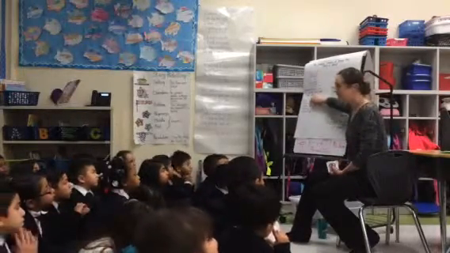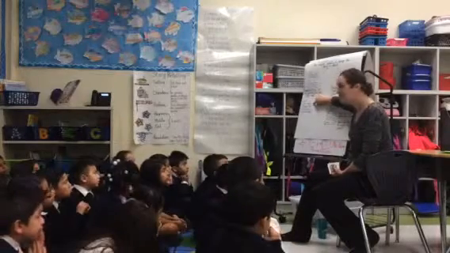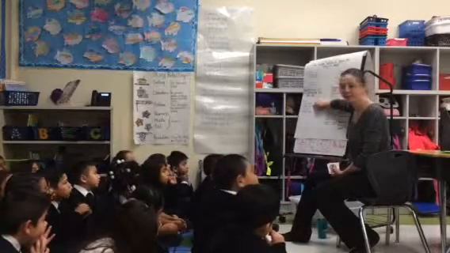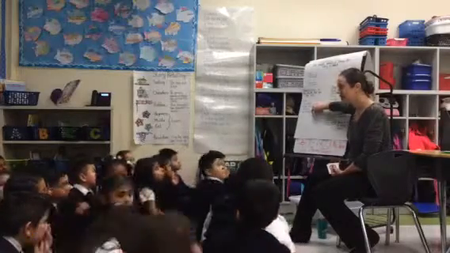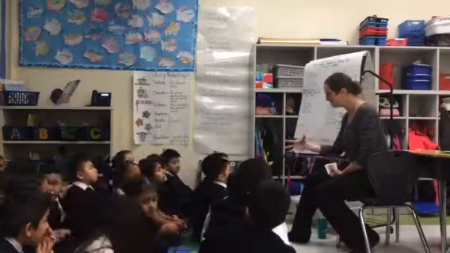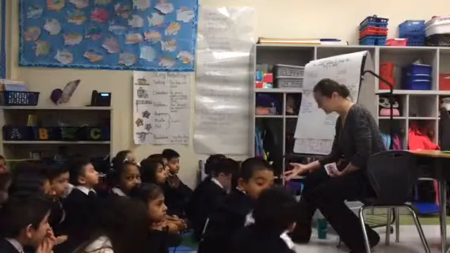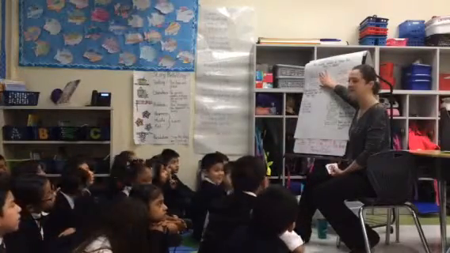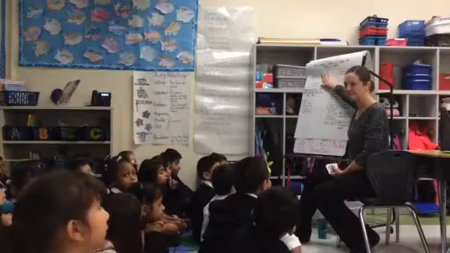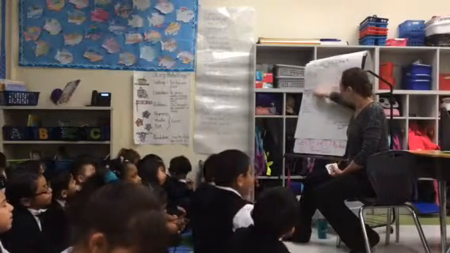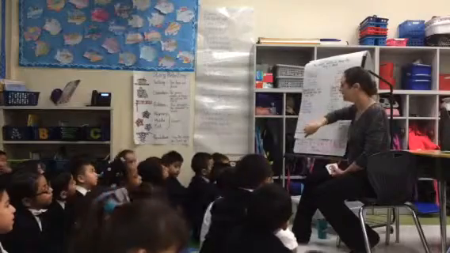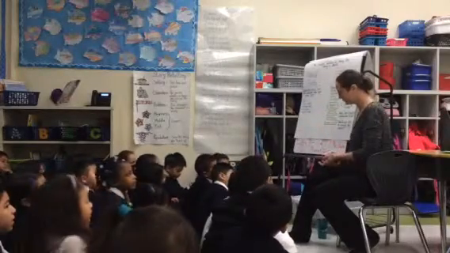Like someone could be tall, with a big smile, and brown hair, and freckles, with green eyes. Those are all things that I can look at you and see. Those are what we call outside traits. Outside traits are the characteristics that you can see on the outside of a person.